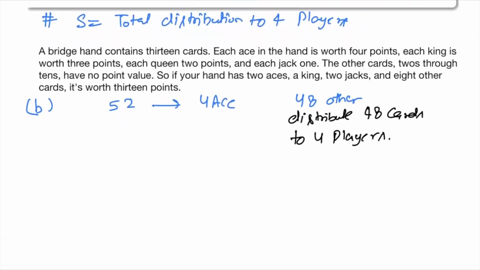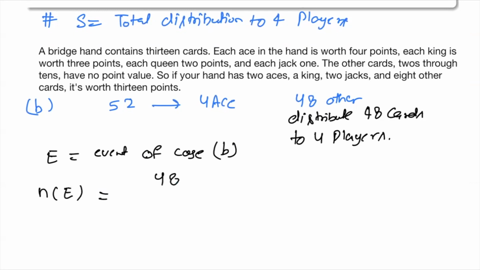Okay, so let me represent E_B as the event of case B, where everyone receives 1 ace. This is the event there. I need to find n(E). So in order to find n(E), first distribute 48 cards to 4 players.